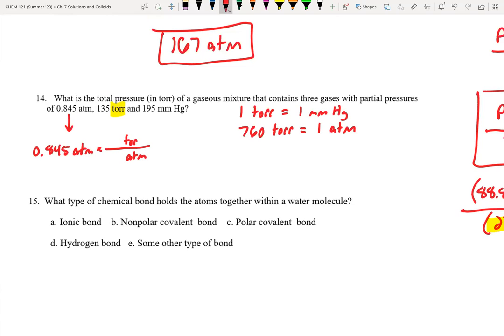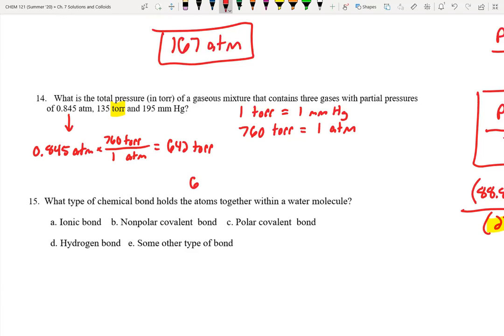I want torr, so I'll put that on top. We know that there's 760 torr for every 1 ATM. So that'd be 0.845 times 760, which would be 642 torr. We've already got that one for the 135. And then we've got 195. We know it's going to be equivalent to 195 torr.